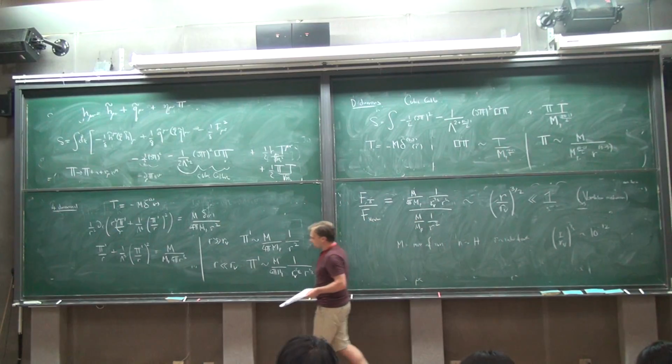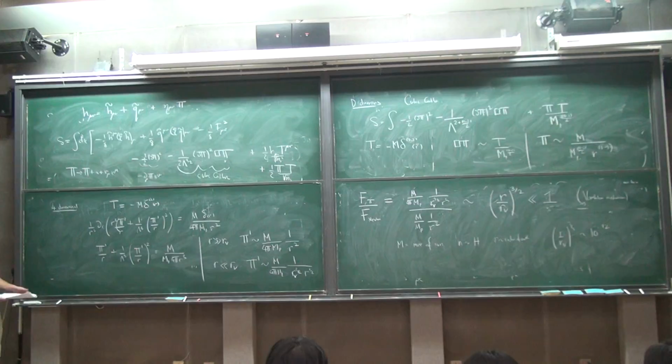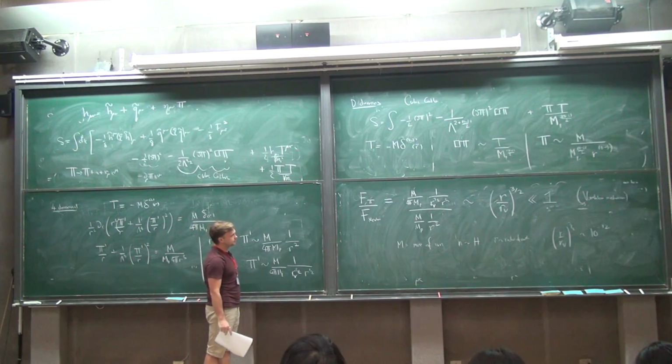So that is a remarkably successful screening effect, which is what we call the Vainshtein mechanism, by which this force becomes negligible inside the Vainshtein region. Are there any questions on that?